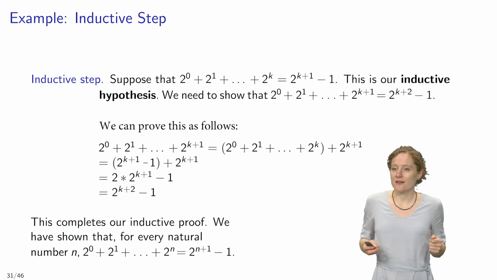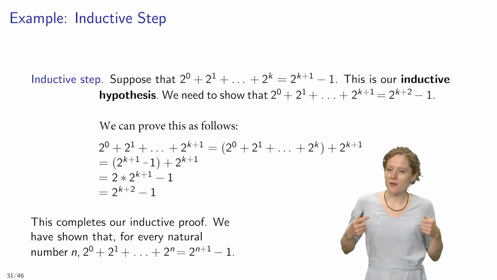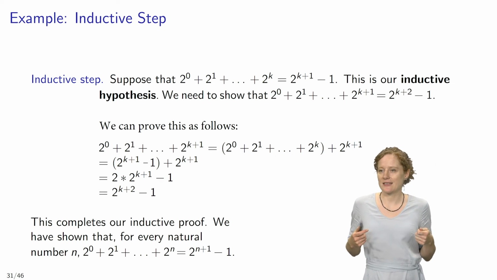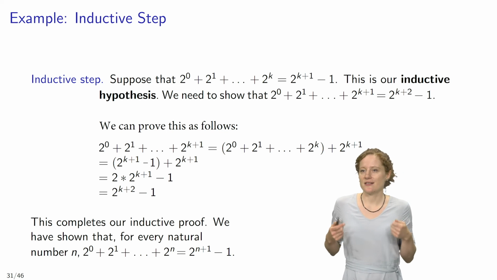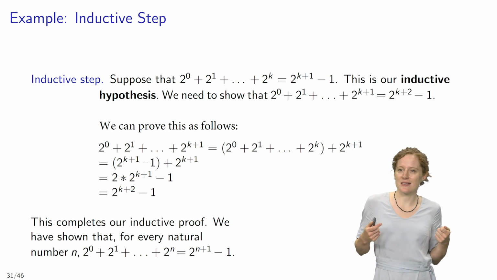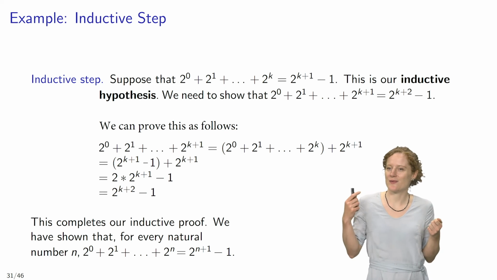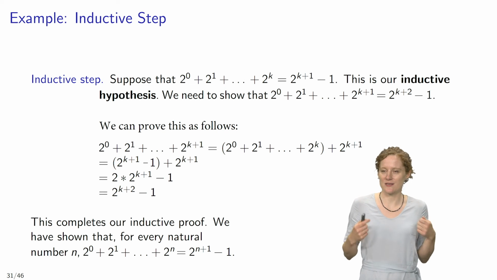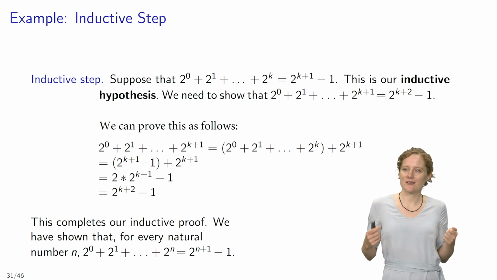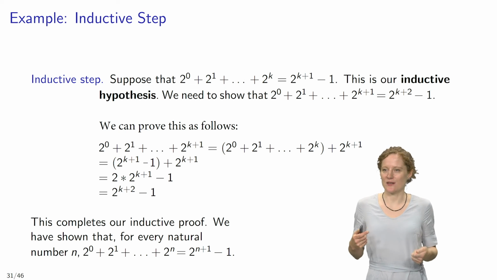And now we can use our inductive hypothesis to infer the next step. Our inductive hypothesis tells us that 2^0 plus 2^1 plus and so forth plus 2^k equals 2^(k+1) minus 1.